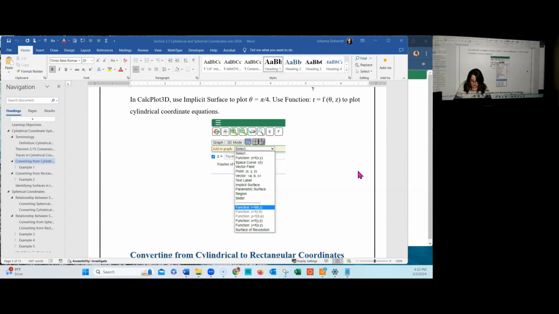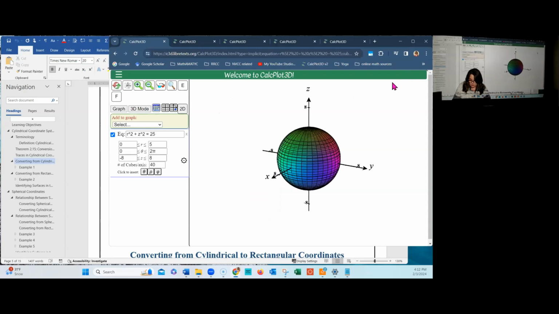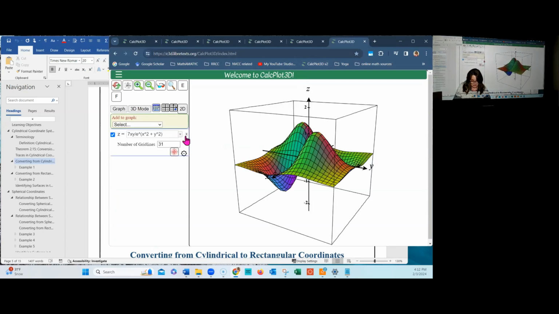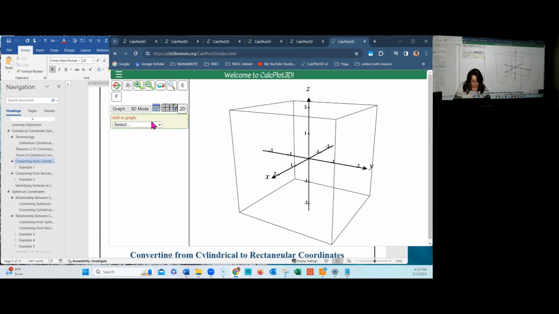Let's take a look now at plotting theta equals pi over 4 in CalcPlot 3D. I'm going to add a screen and turn on CalcPlot 3D. There's the typical home screen. I'm going to turn that off, and I'm going to select an implicit surface. It always gives me an option, but I don't want that option, so I'm going to erase it by hitting delete.